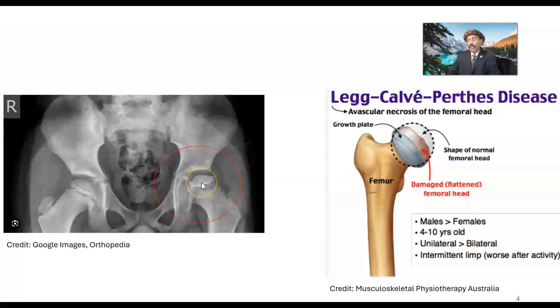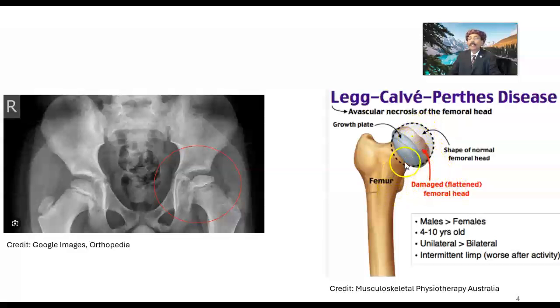It is usually unilateral, but it may be bilateral too. So what we are seeing is avascular necrosis of the head area. This part will disappear because of the avascular necrosis, the damaged, flattened femoral head.